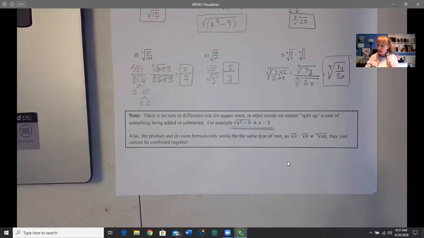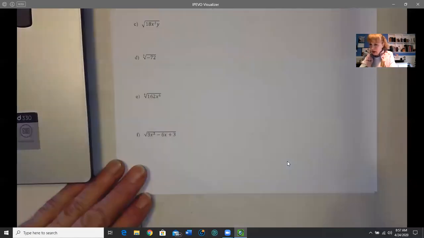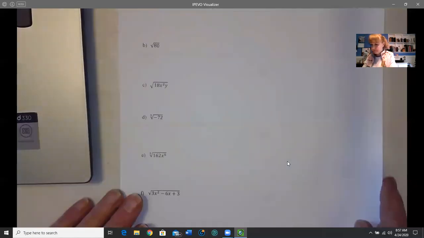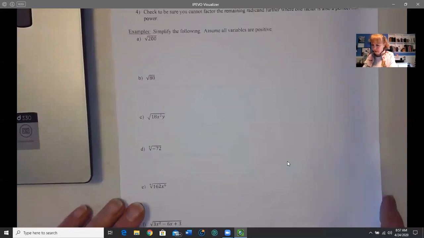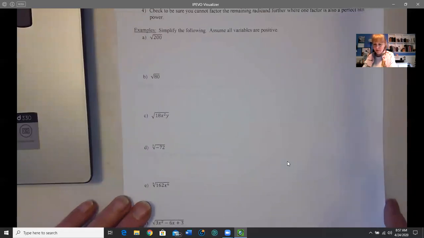And then also, this is going to be 10.5, where if you look at the index here is 3 and the index here is 4, you cannot multiply those like this. So again, just be aware of that. Okay? And we will talk about that later. But for right now, the index will be the same on both of them.